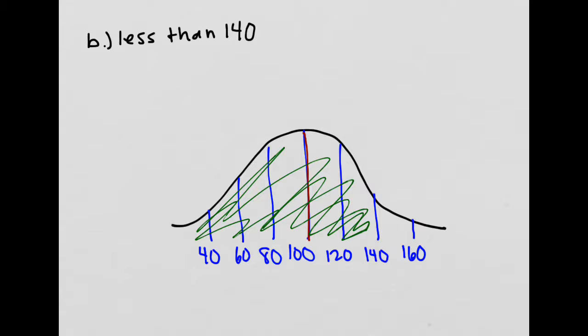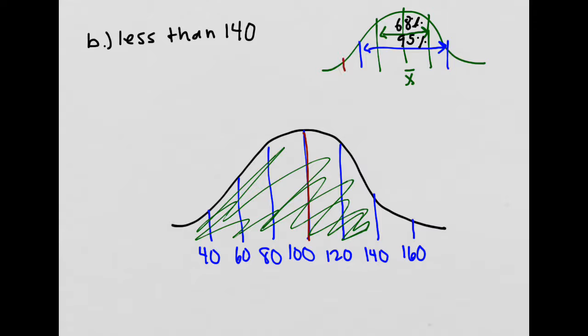So we need to remember what the empirical rule says. So the empirical rule says that if this is our mean, if we go over 1 standard deviation, the area under the curve between those two numbers is 68%. If we go over another standard deviation on either side, the percentage in there will be 95%.